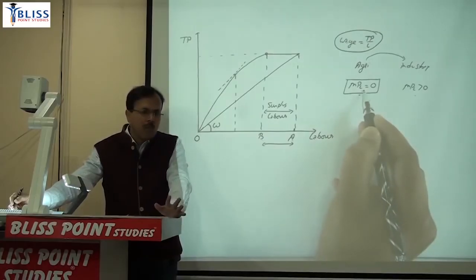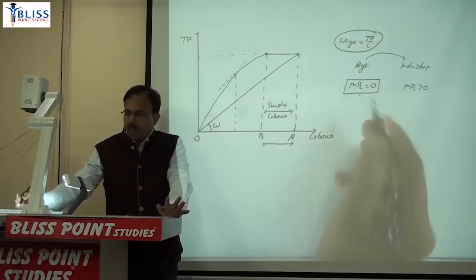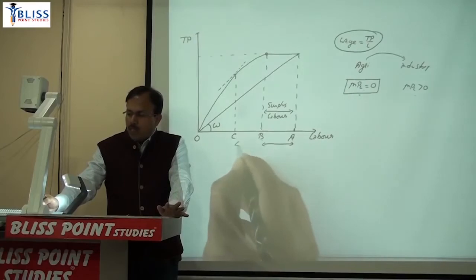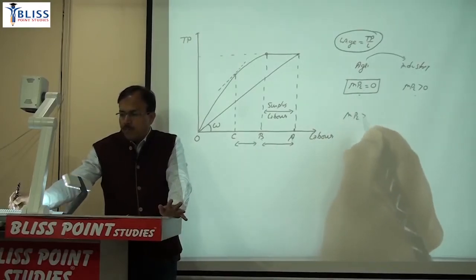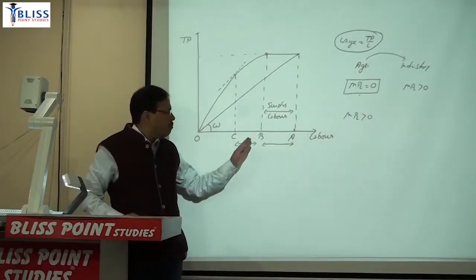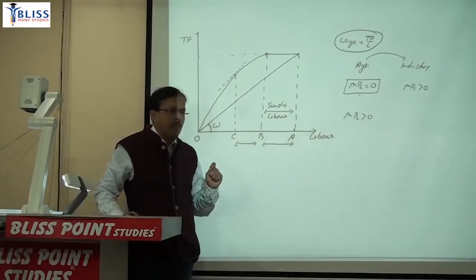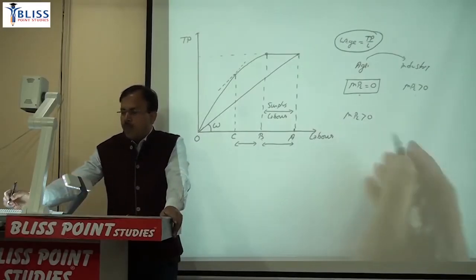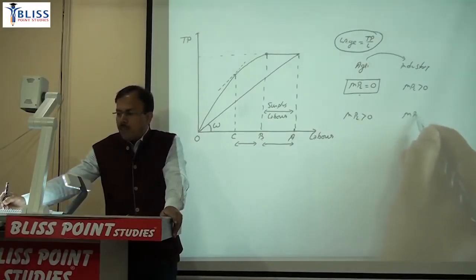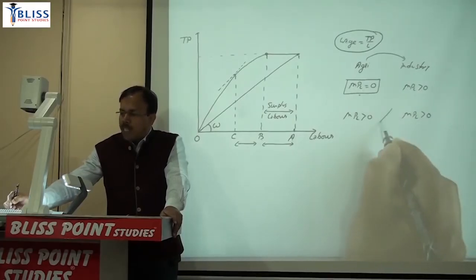Lewis called them surplus labor, and they migrated. Now B to C, marginal productivity is positive, it is not 0. But the Lewis model says that although marginal product is positive here, and marginal product of labor is also positive in industry, marginal productivity in industry is more.